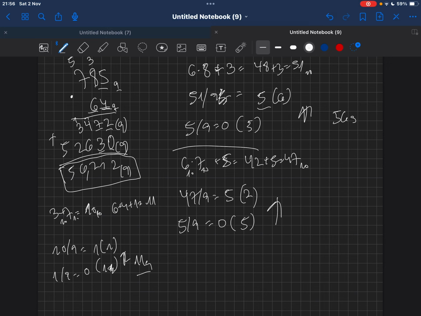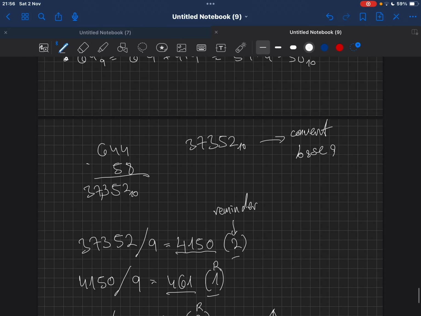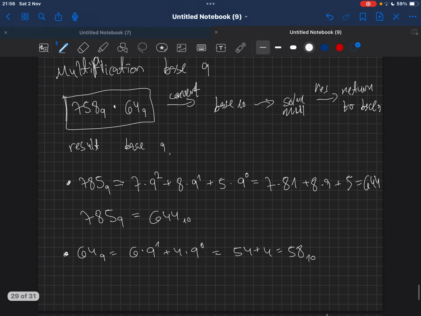In this way we did it by multiplying this straightly, each number like it's base of 10, and then convert each one to base of 9, and then doing it's much more complicated.